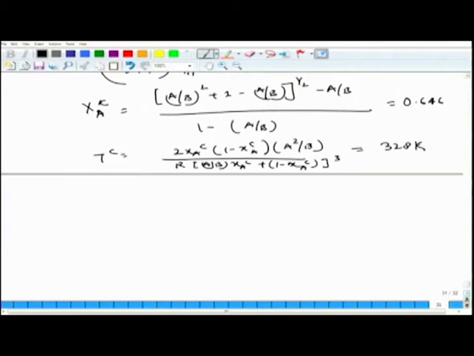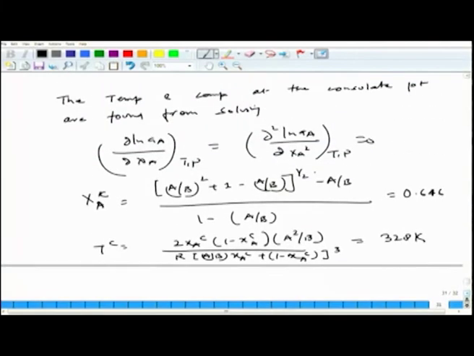You can check this by doing the derivation from here till here.